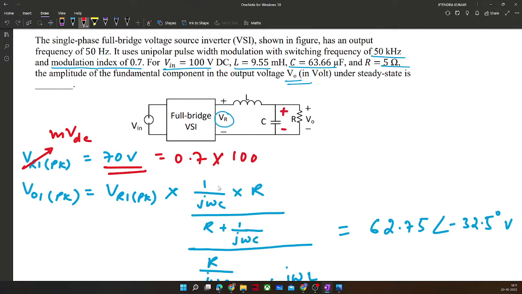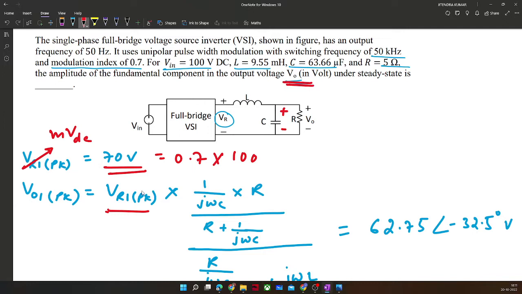and that is nothing but the voltage across this resistance would be VR1 peak into, and why we are taking VR1 peak value is because we need only the amplitude of the output voltage.